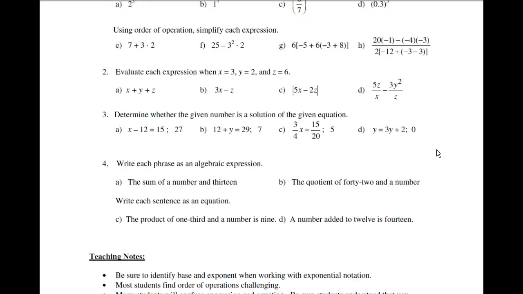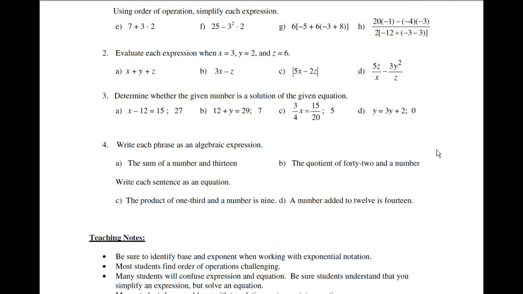All right, we're going to move it up. Because in example 2, we're now going to take various values for the letters and substitute these values to see if you can do this type of work.